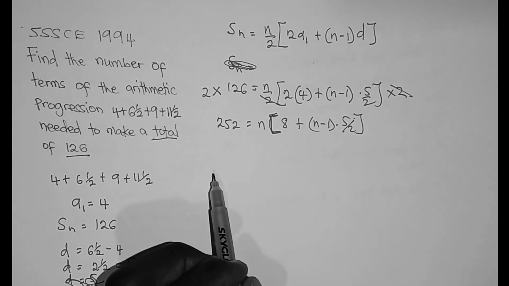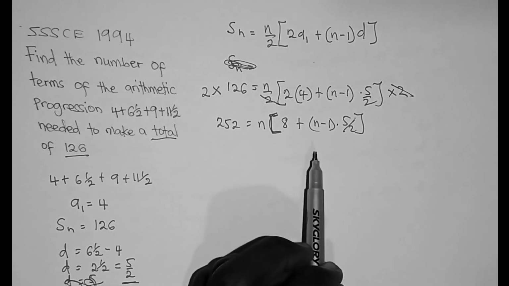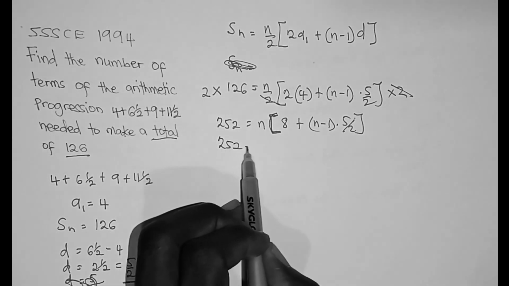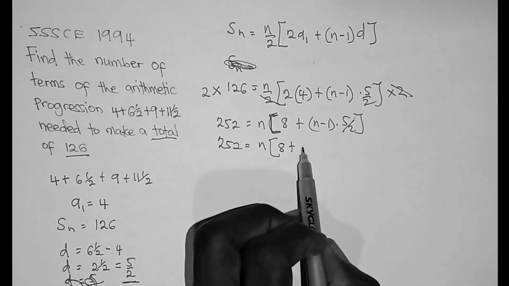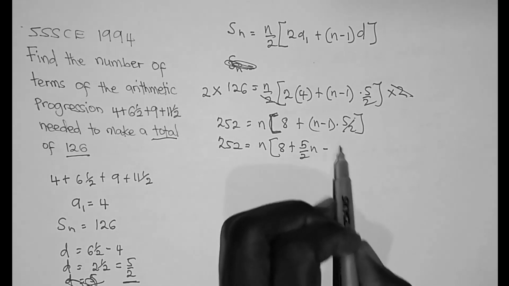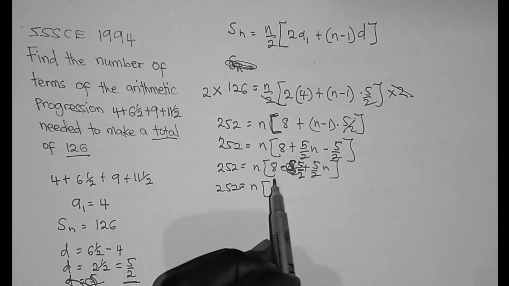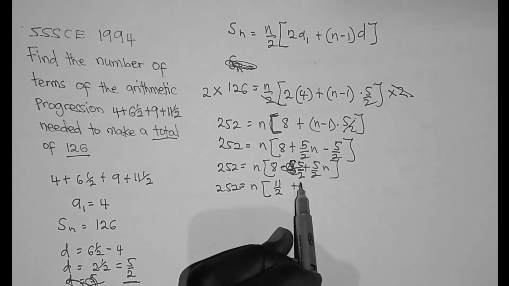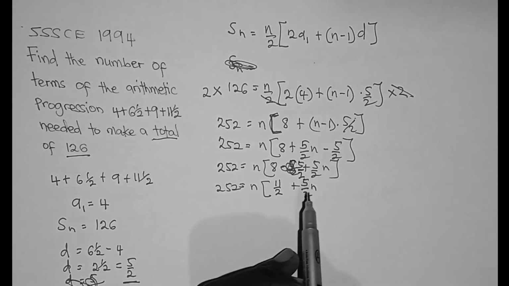So let's go ahead and expand by multiplying through by 5 over 2. So 252 is equal to n into bracket 8 plus 5 over 2n minus 5 over 2. And therefore this becomes 11 over 2 plus 5 over 2n.